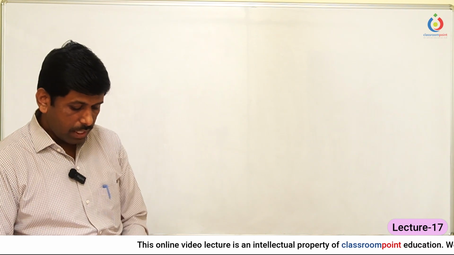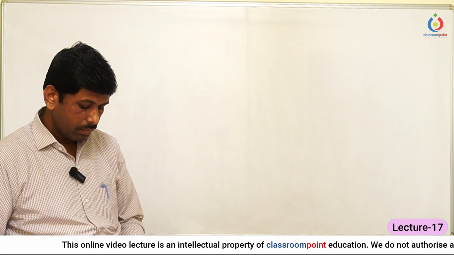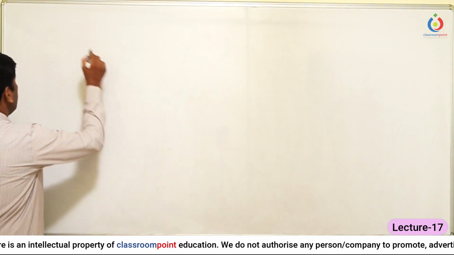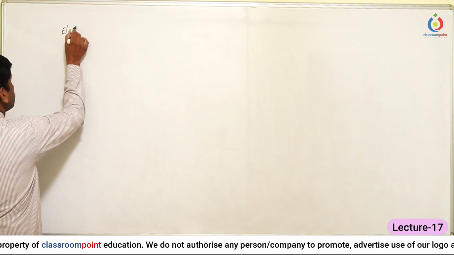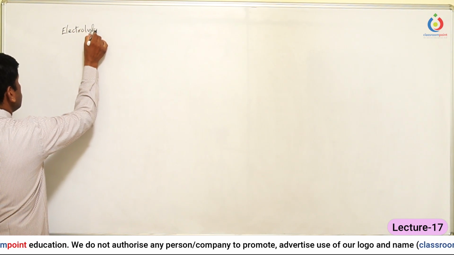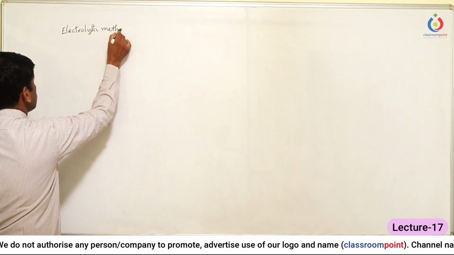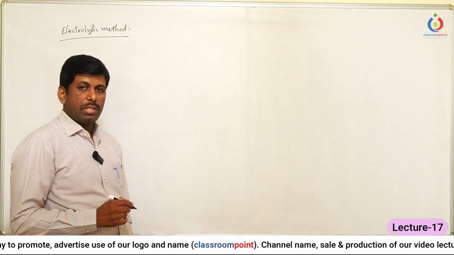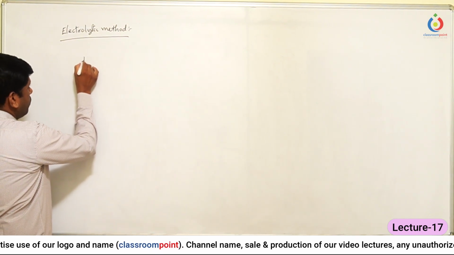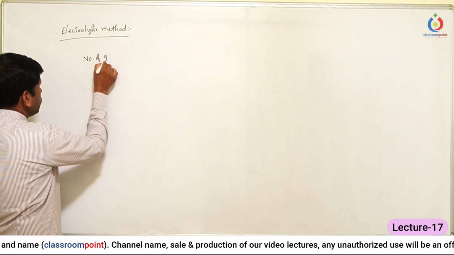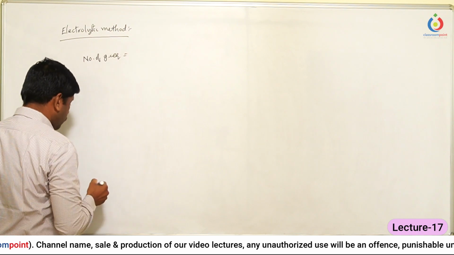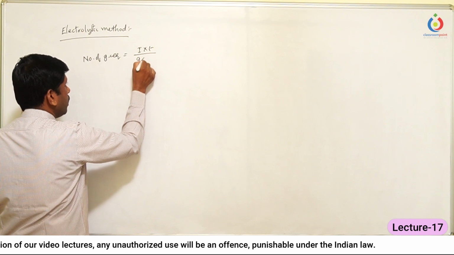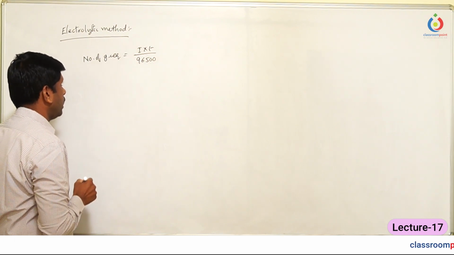So now let's move on to another concept, the electrolytic method. For the electrolytic method, the formula was already given: the number of gram equivalents is equal to the number of Faradays, I into T divided by 96,500.